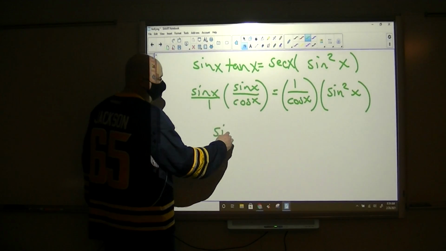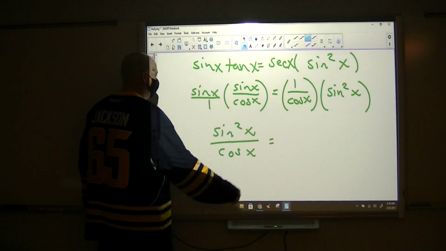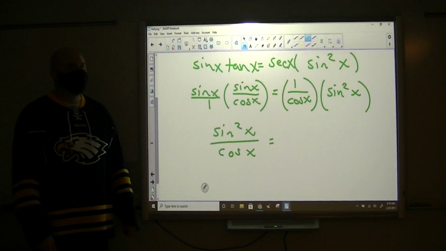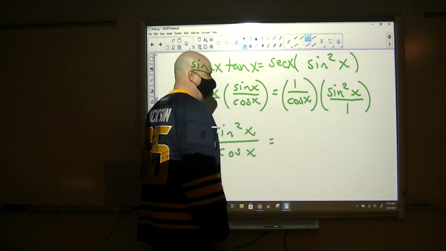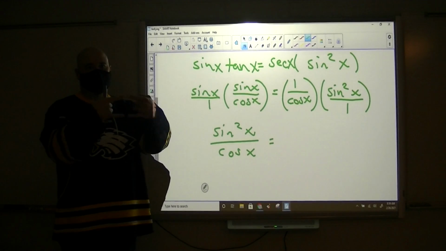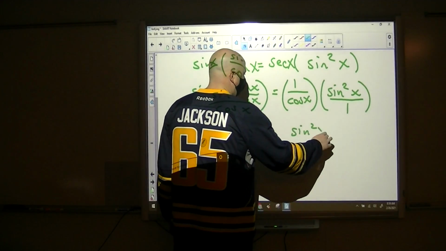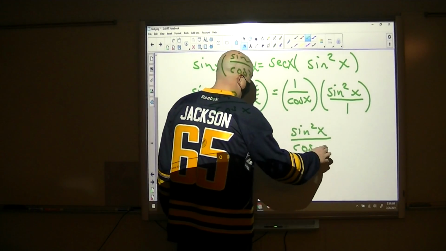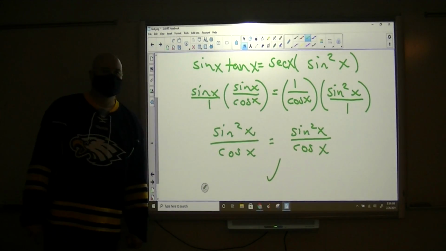We're going to have sine squared x over cosine x. And if I do the same thing over here and multiply, we get sine squared x over cosine x. And wouldn't you know it, those are the same. Check mark.